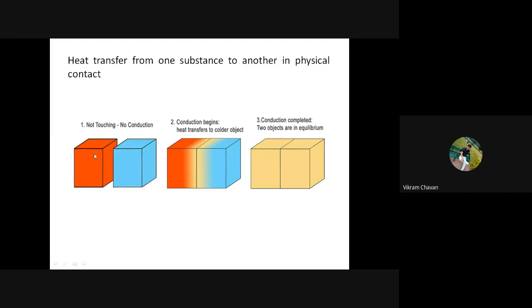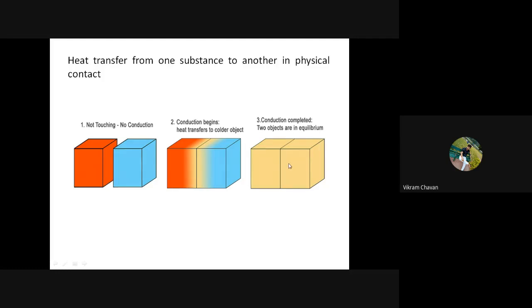Don't go for 2D figures. Draw for the understanding purpose only. I'm suggesting you to draw body A, body B, and show the heat transfer by showing the arrow over here. Heat transfers from this orange body to the blue body, and after some time it will achieve equilibrium, so the temperature is equal.